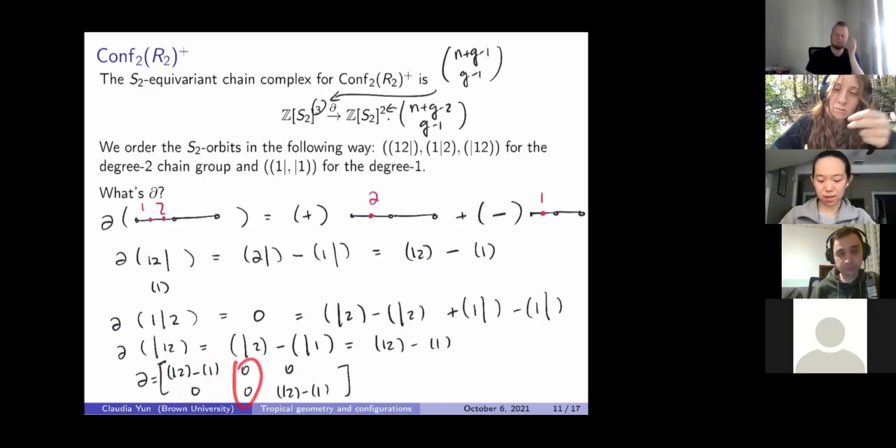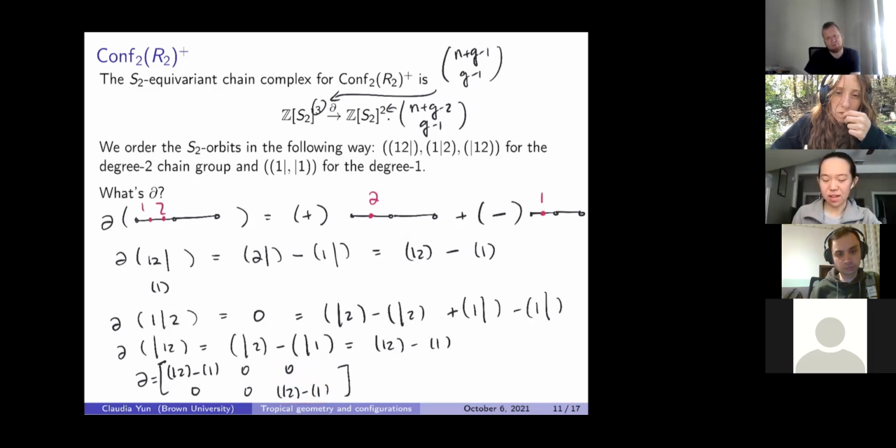And in the second column, we're saying, well, if you have something bar something, you just never get anything at all. And in the third column, if you have bar 1, 2, then you don't get any configuration in the boundary that looks like something bar. But you do get a configuration that looks like bar something.